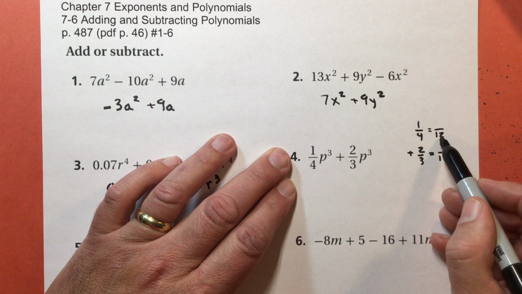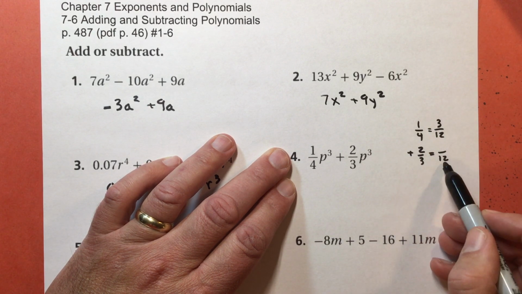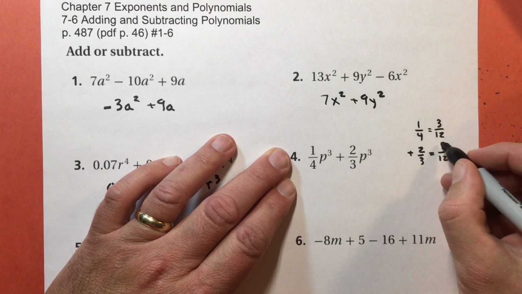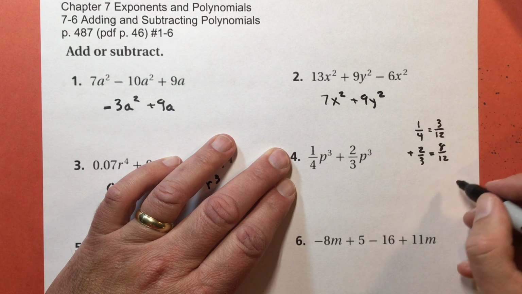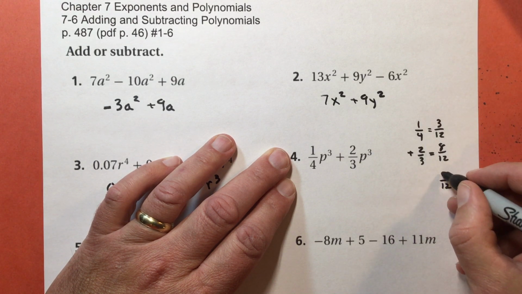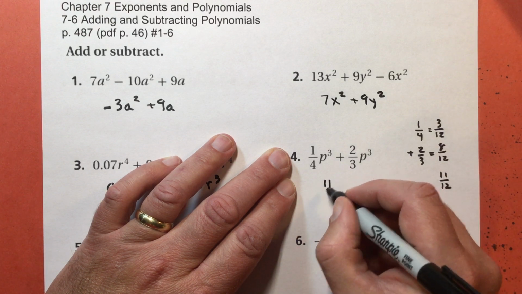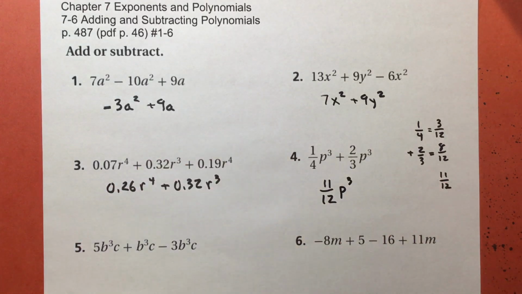So 4 times 3 equals 12. 1 times 3 equals 3. 3 times 4 equals 12. 2 times 4 equals 8. Now that I have a common denominator, I can add them together. Denominator is still 12. 3 plus 8 equals 11. So this is 11/12 times p to the 3rd power.